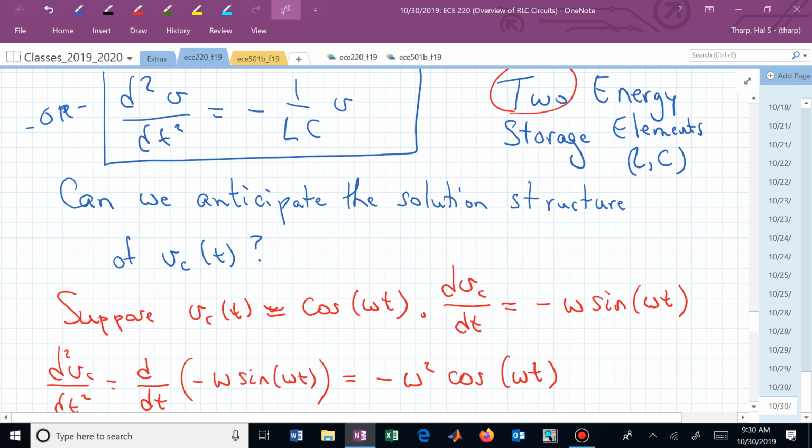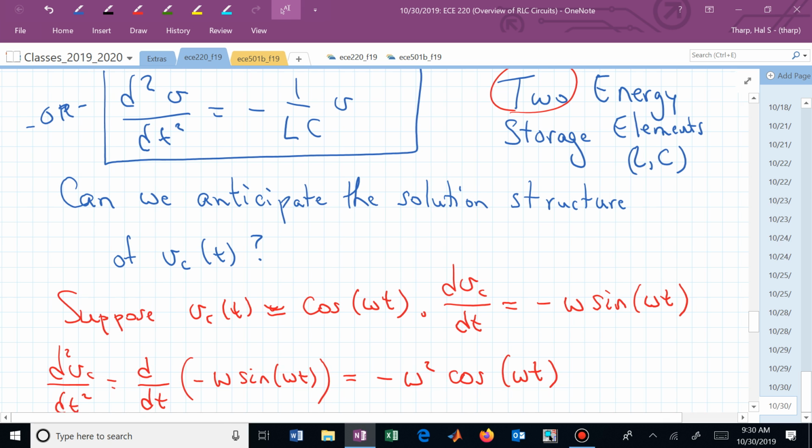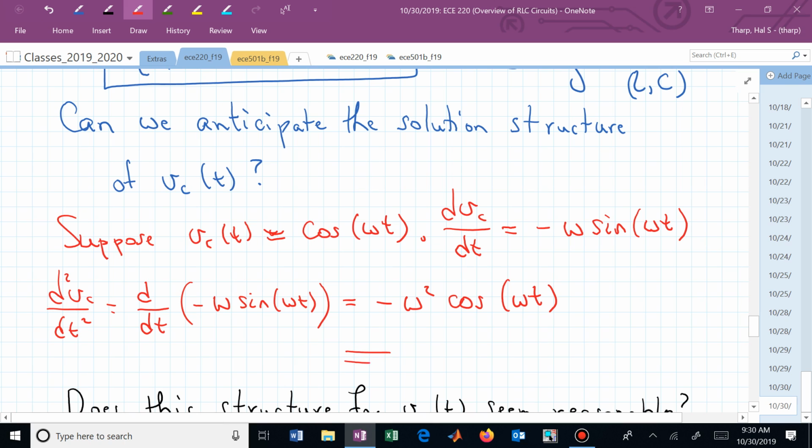We now know what the frequency is based on the parameter values of L and C, knowing our calculus. So now this comparing equations allows us to say that omega squared is 1 over LC.